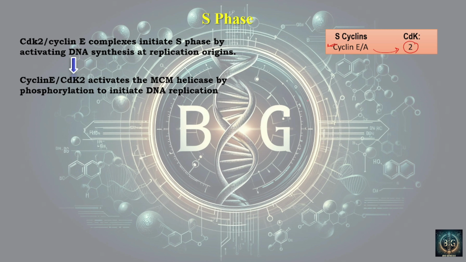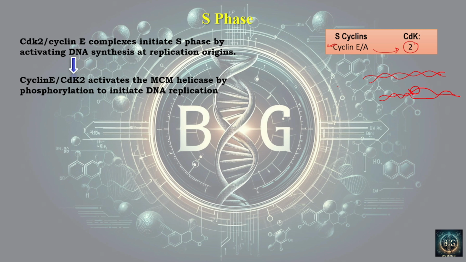What is a helicase protein? A helicase protein is a protein that unwinds DNA. Normally DNA is double stranded. When DNA replication is started, the MCM helicase protein comes and unwinds DNA, and the DNA strands are separated from each other at the replication origin.